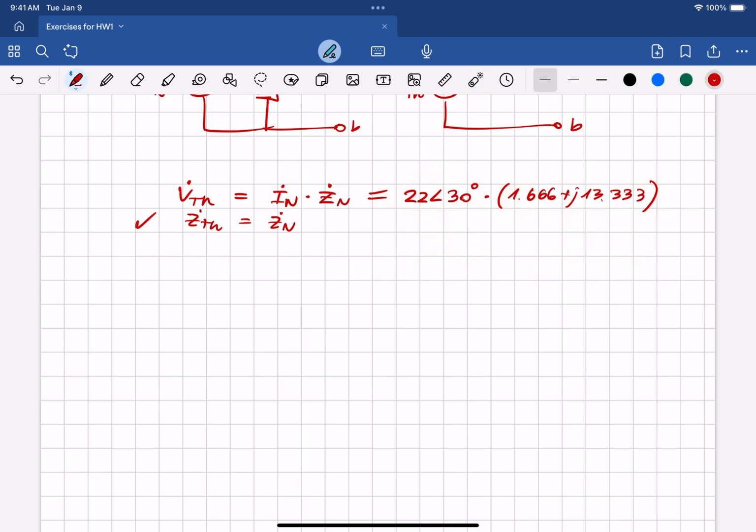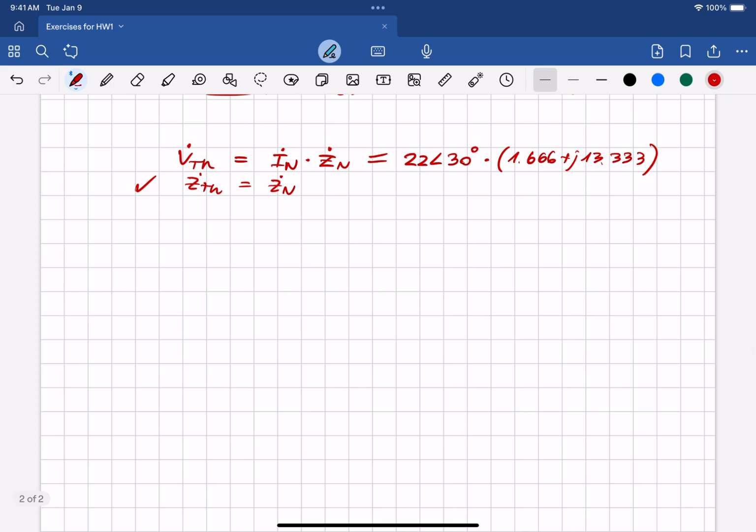So when you do that, let's get rid of this one so it's not in the way. You should get 488.68 angle 120 degrees. That's what you should get for the voltage Vth.